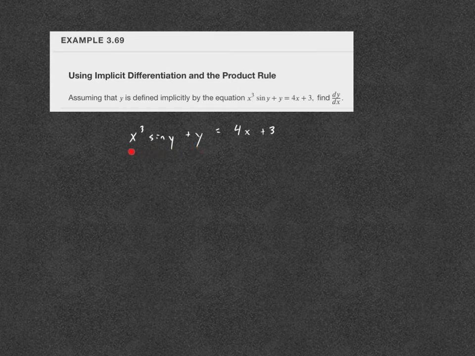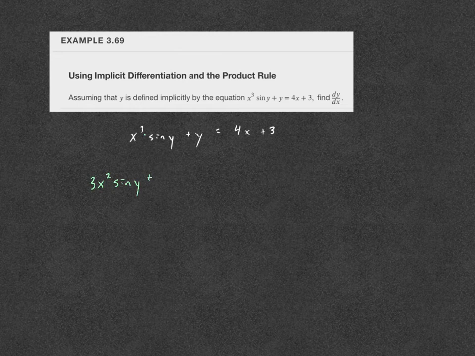Here, x cubed sine y. Do you see a product rule? Because I see a product rule. That's multiplication, so we're going to have to use the product rule while taking the derivative implicitly. Start out with my x cubed. Its derivative is 3x squared. Keep the other term the same.